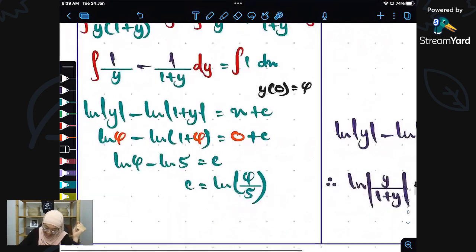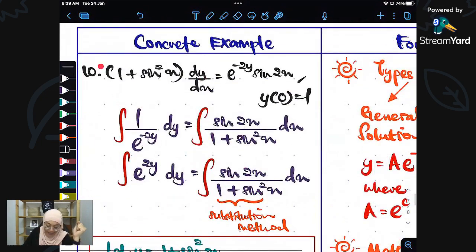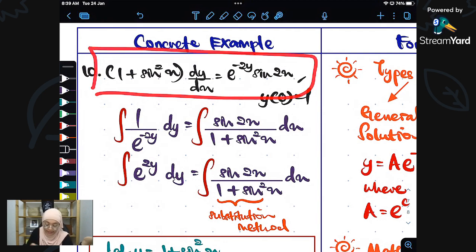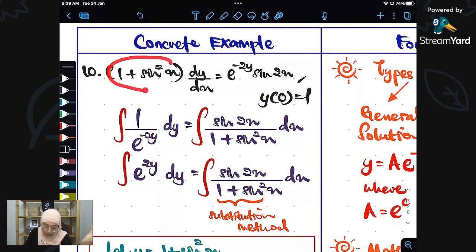Okay? And then the last example from me is quite complex a bit, but not too hard. All we can do is bring team x to the right hand side. Exponent negative 2y is team y, so I should bring it down.